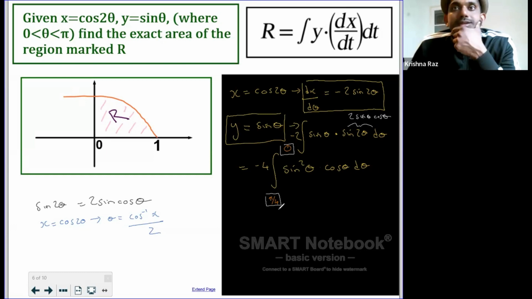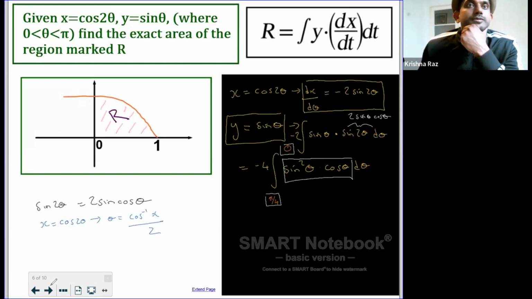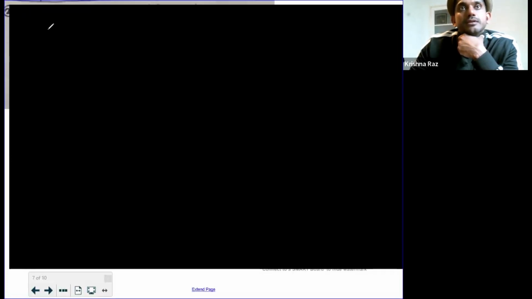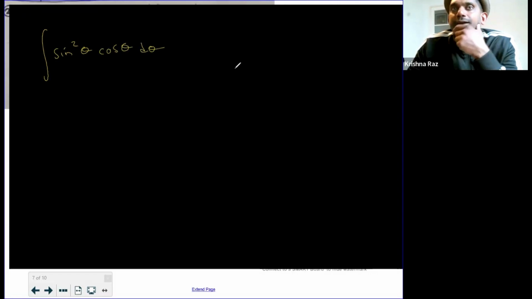And now we need to integrate this bit. On the side, if we integrate sine squared theta cos theta d theta, this is known in the textbook as reverse chain rule, but we could do it by substitution.